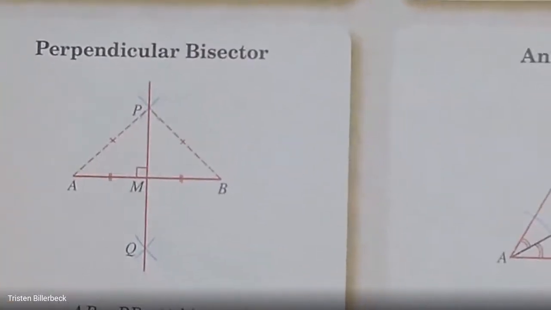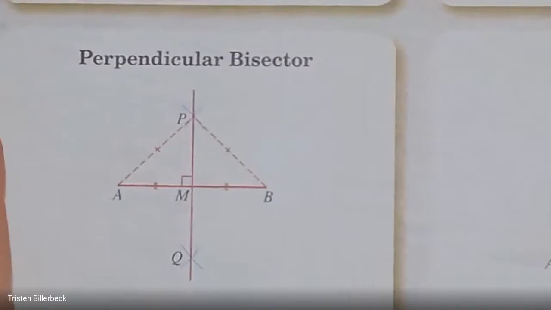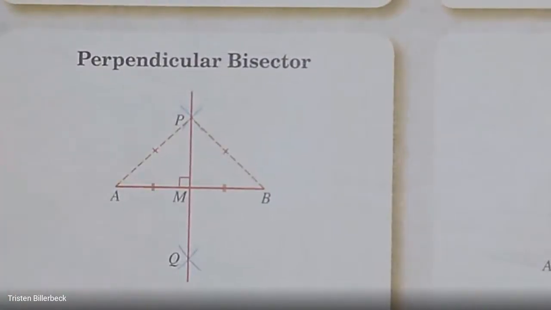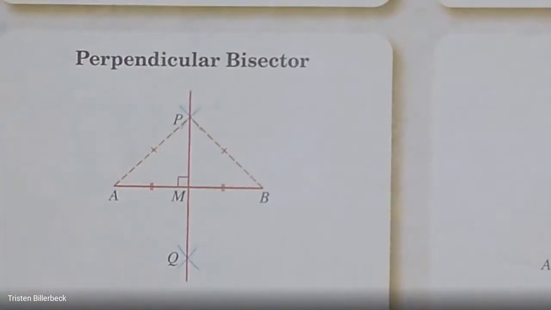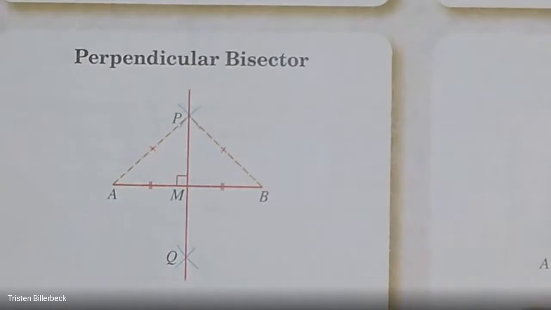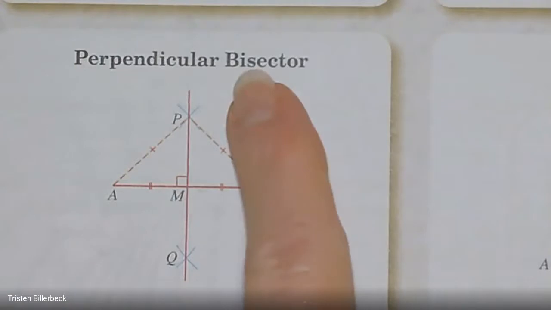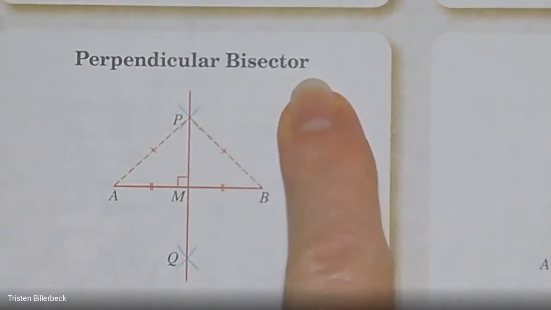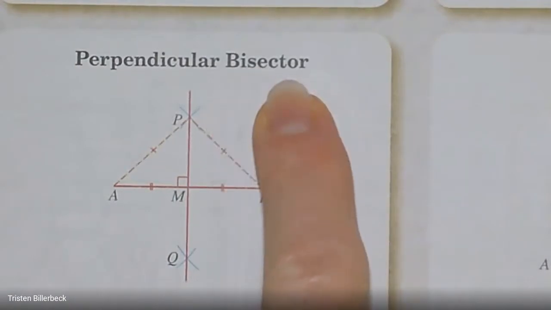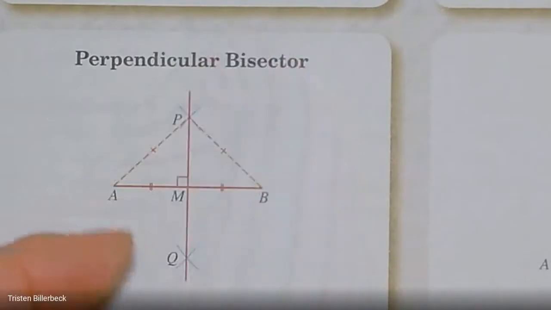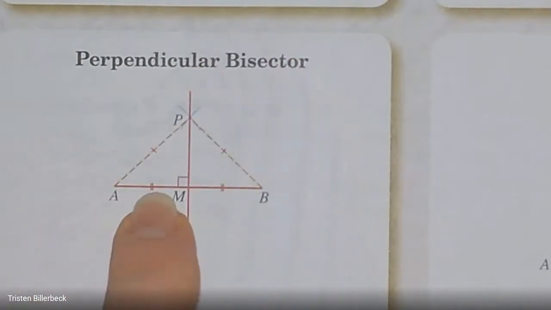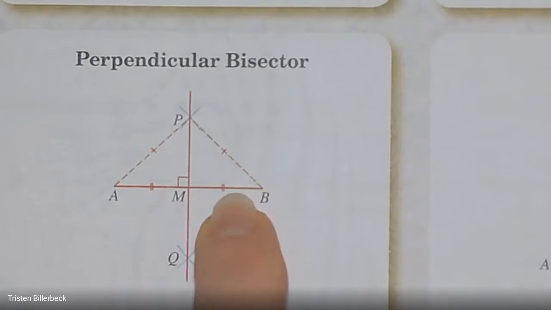Okay, so we drew perpendicular bisectors on Wednesday. When we did that, we looked at the word bisect. So bisect, bi means two, sect means cut. So we make a cut and we cut it in two. So this is equal to that.